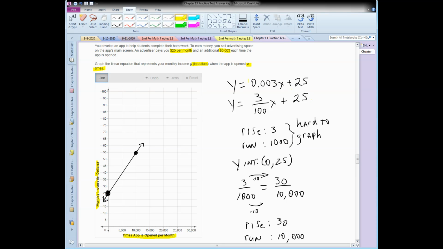I changed, and I forgot a zero here, I changed the decimal into a fraction. So this is tenths, hundredths, thousandths. So y equals 3 over 1,000x plus $25 per month. So this part here represents how much money you make when people open the app. And then you get to add $25 for each month.